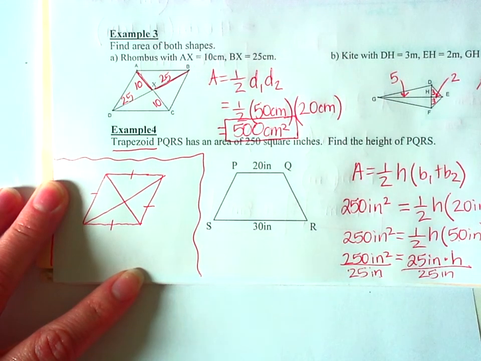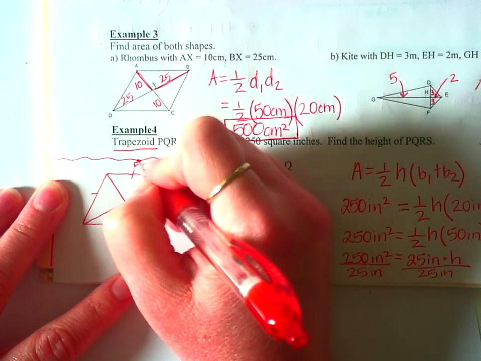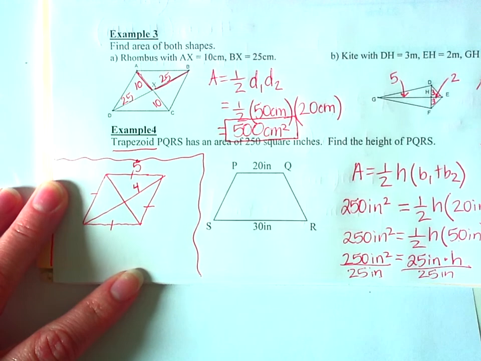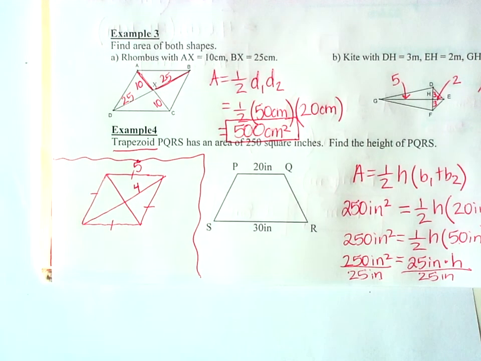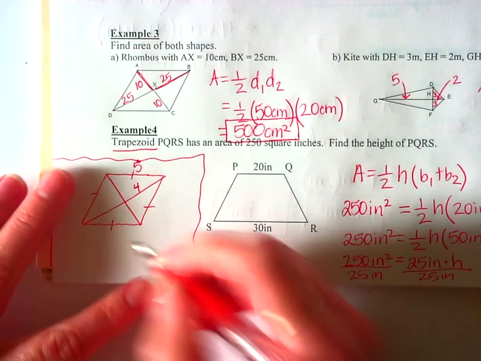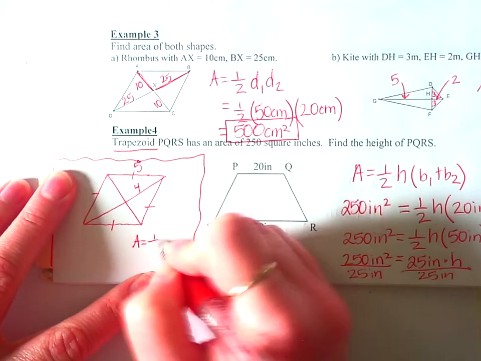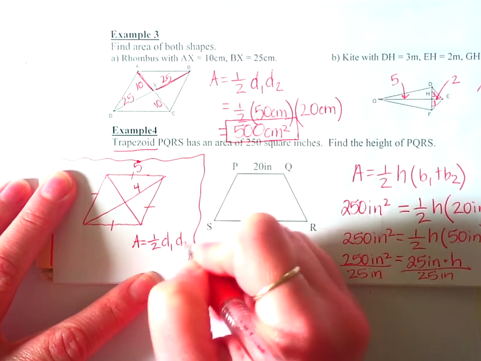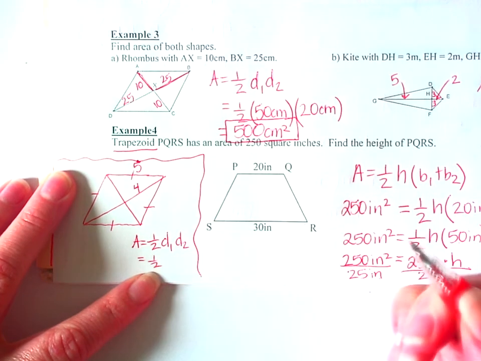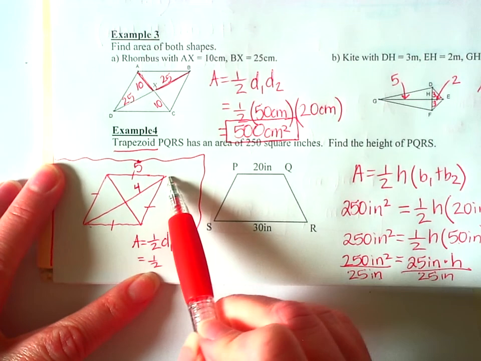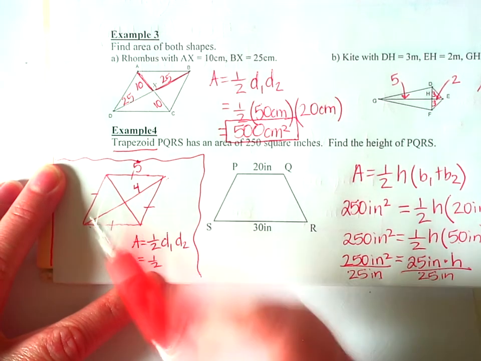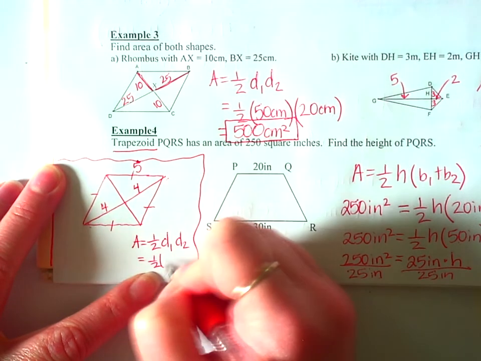And let's say that they give you 5 here and 4 here, and they tell you to find the area of this rhombus. Well, I think, okay, area is 1/2 D1, D2. Okay, diagonal 1 would be 4 here and 4 here, so 8.